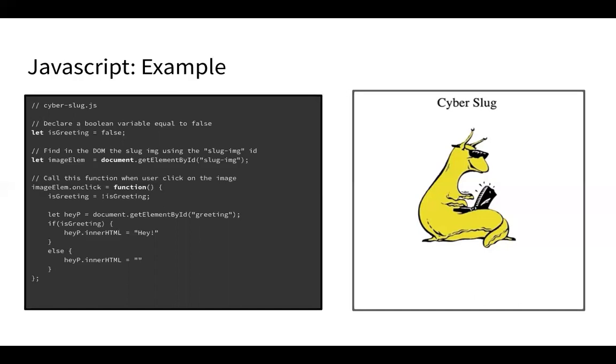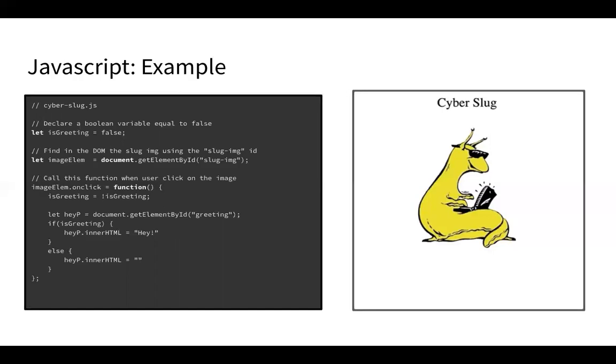You don't know exactly at what point in time these things are going to come, but you have to be ready to respond to them whenever they come. So for that, we use these event listeners, and many different tags already have some events that you can handle. For example, click events.